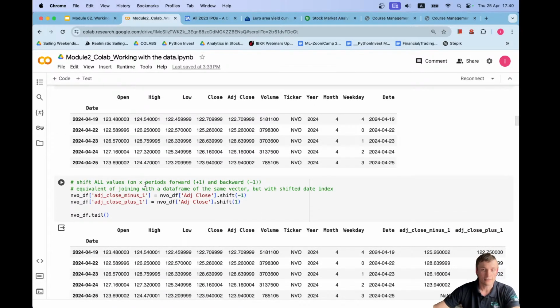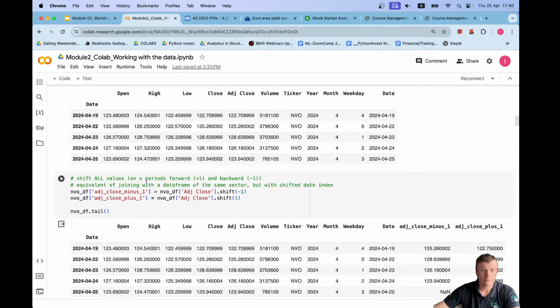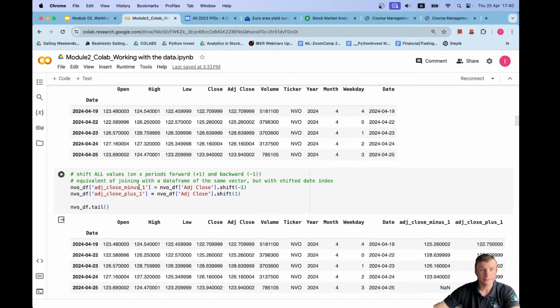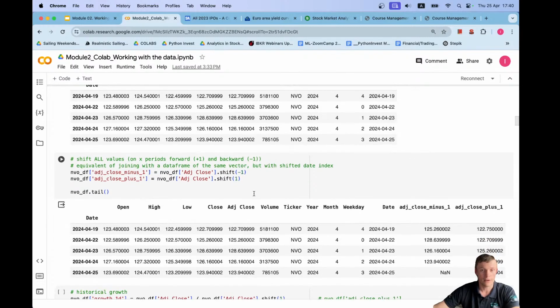Next, and I use this approach sometimes for debugging, I create shifted values. For example, we have one time series. Pandas understands that we have a datetime index, and we look at the adjusted close number, 128 for the 23rd of April.